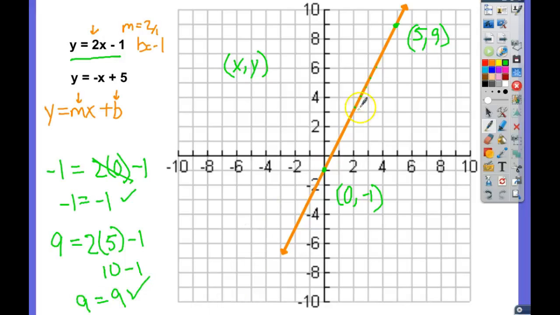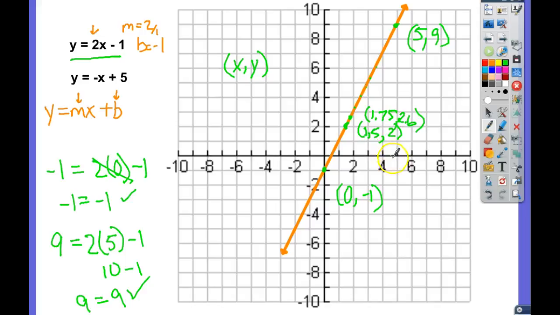So solution. It doesn't matter what it is. If this point here were 1.5, 2, as it is, looks like this point here could be 1.75, 2.6.